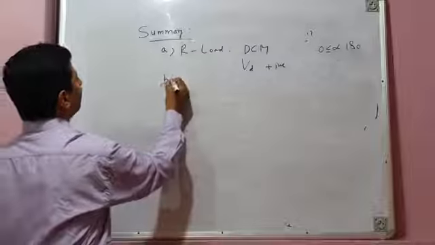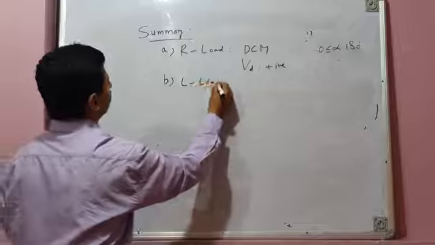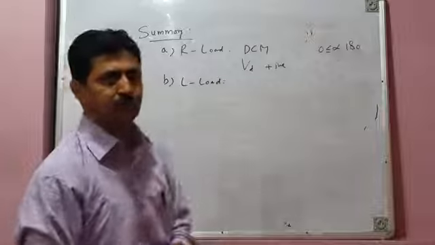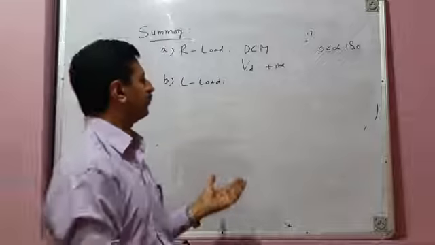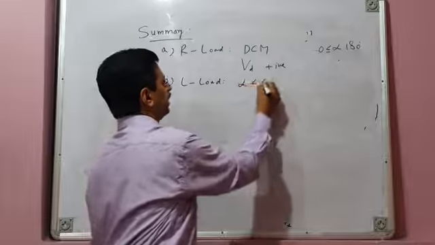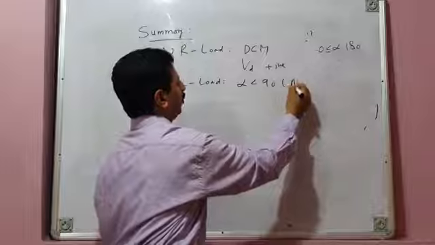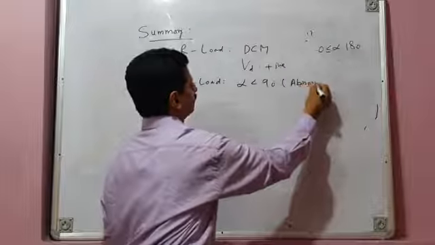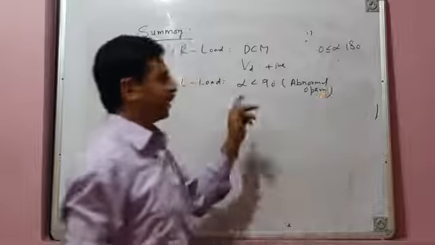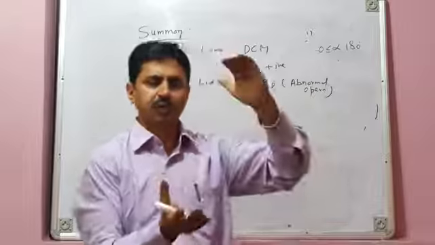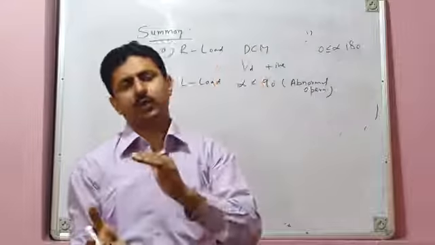Then we discussed purely inductive load, which is a hypothetical condition. Purely inductive loads do not exist in practice. For purely inductive load, we have seen that for alpha less than 90 degrees, we have an abnormal operation. If you remember, in the previous lecture, alpha less than 90 degrees gives positive volt second area greater than negative volt second area.